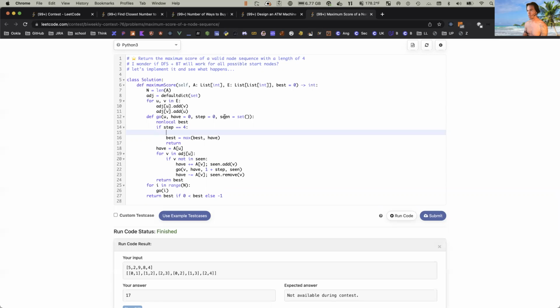Path. Starting at u. This is what we've seen. This is what we have. This is what's best.